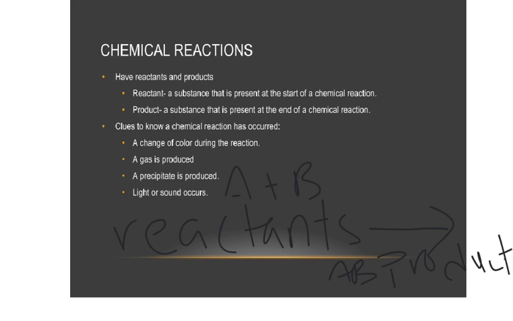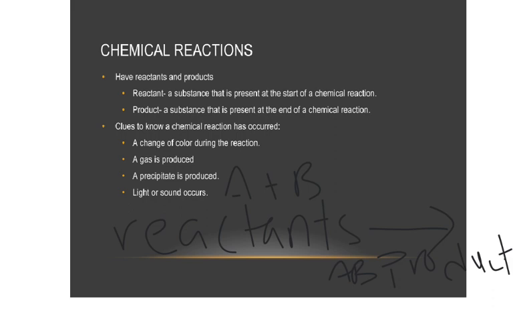Now, nice ways to recognize that chemical reactions have occurred. These are some clues. I will tell you that some of these things are going to sound like physical properties, and I want you to be able to decipher between the two. The first clue is a change of color occurs during the reaction. If you've mixed sulfur and zinc together and you've added heat, you will probably see a color change at the end.